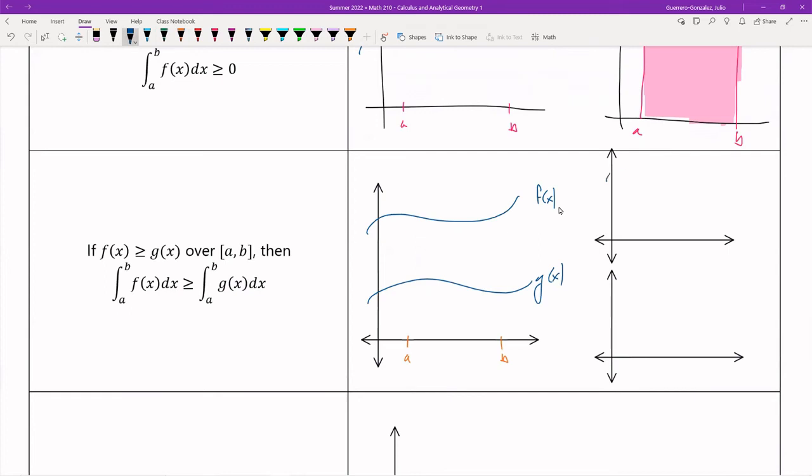So that means if I draw the squiggle here and I do A to B here, this area right here has got to be bigger than this area right here.